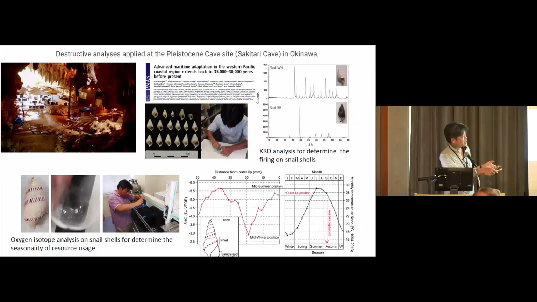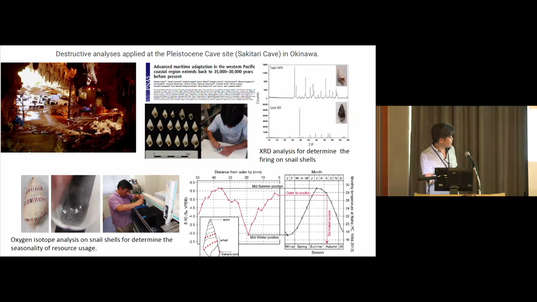The black-colored one showed the calcite pattern, while the white one showed the aragonite pattern in the XRD result. So we were able to confirm that this dark-colored one was a fired, burnt specimen. So it probably was consumed by humans as food.